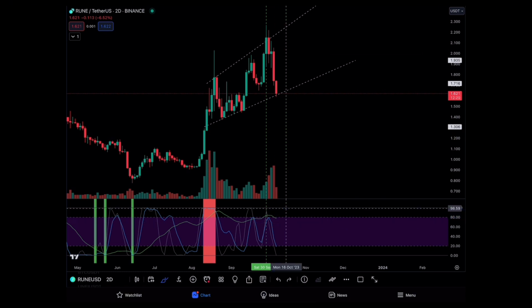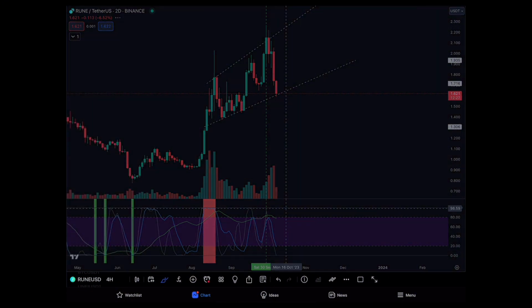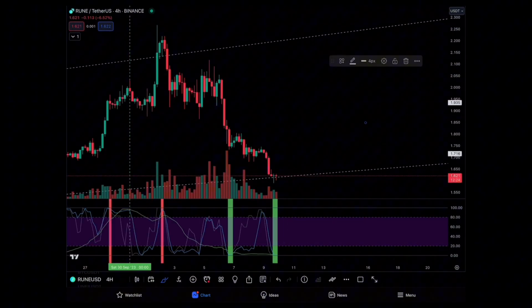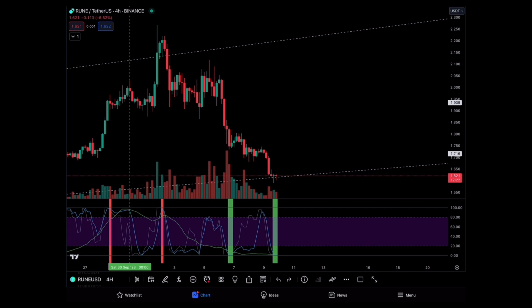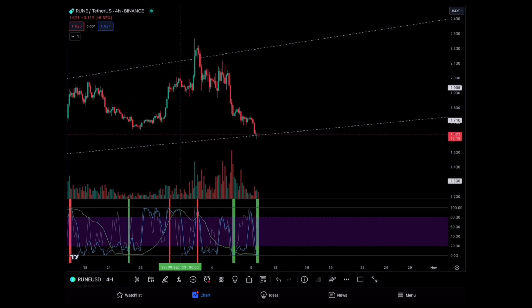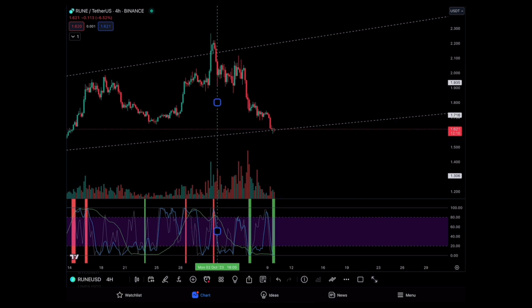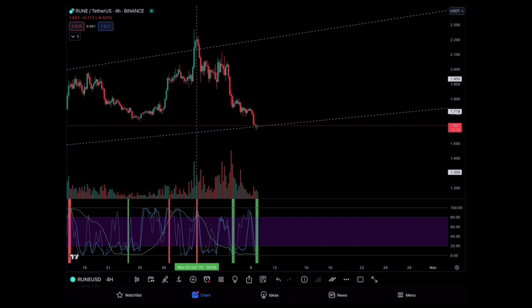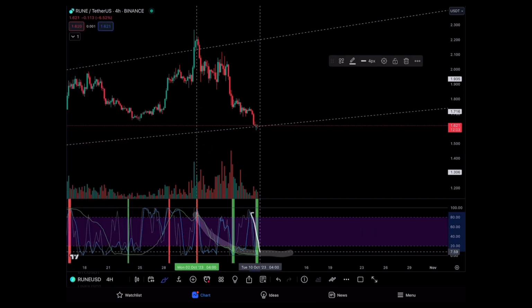And to do that, we would have to zoom in on the 4-hour time frame. There you can see that we are already at this, and we already had this curving down on the MTF, like here. So while now we are tapping down there, this makes for a potential entry. Is it ideal?